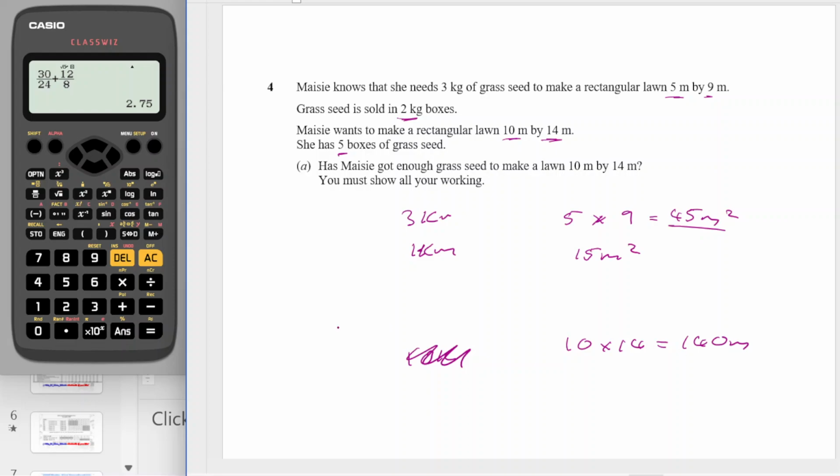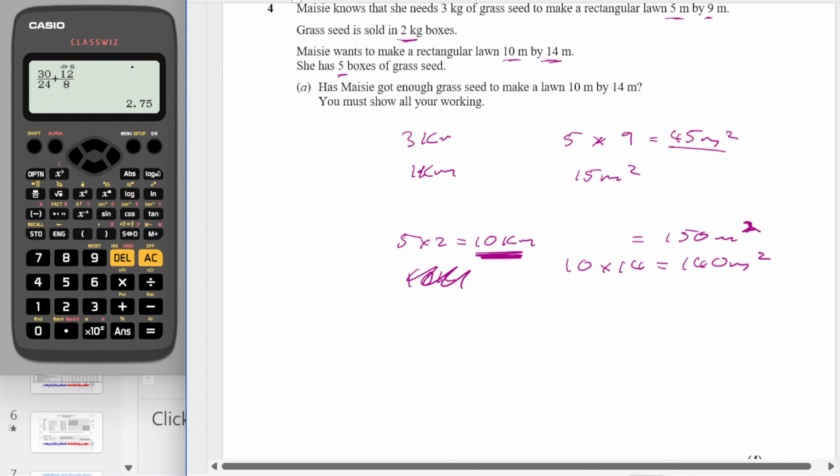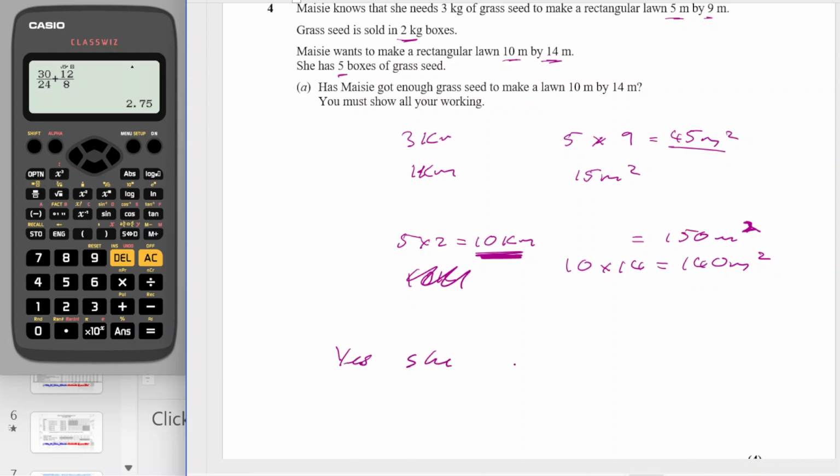So she has 5 boxes of 2 kilograms, so she's got 5 times 2, she's got 10 kilograms worth. 10 kilograms would cover 150 meters squared, sorry. She needs 140 meters squared, so has she got enough? Yes, she has 10 meters squared spare.